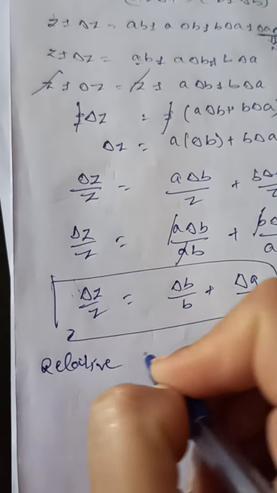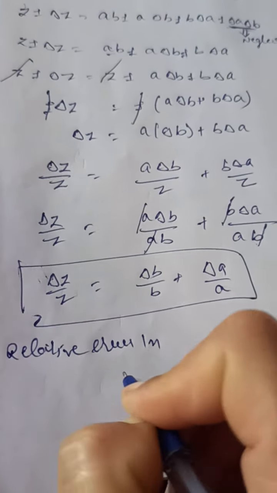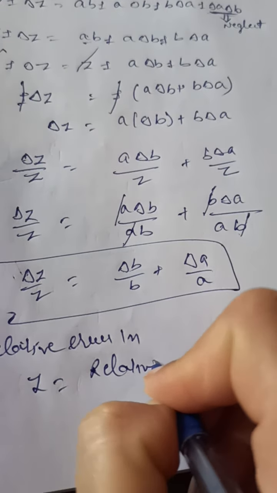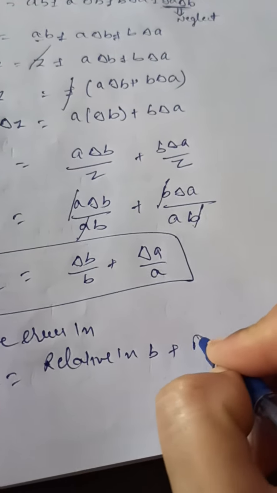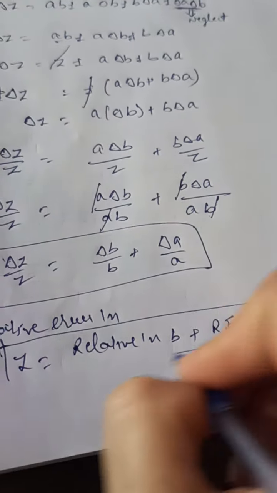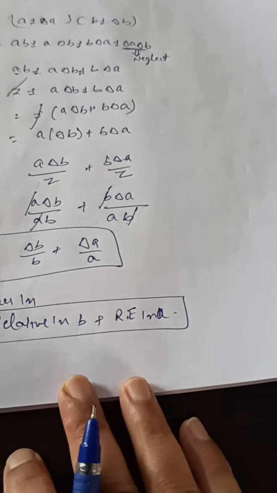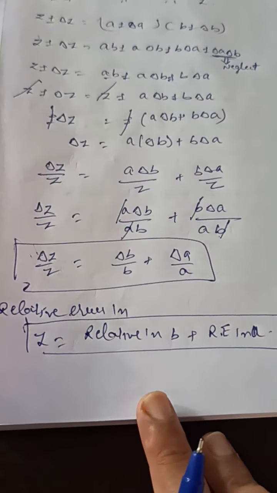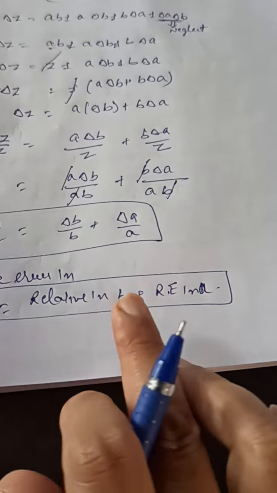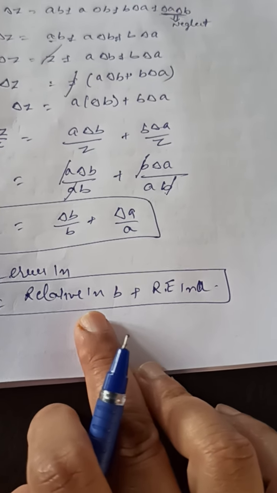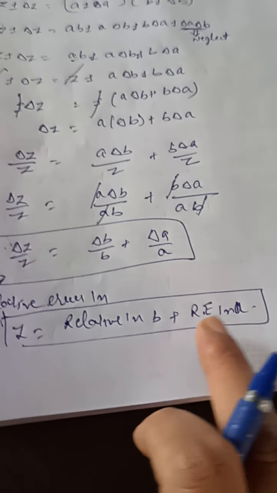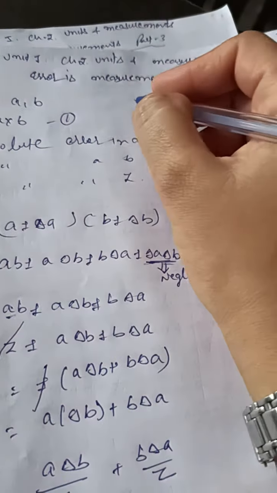Relative error in Z will be equal to the relative error in B plus the relative error in the measurement of A. Means whenever you multiply two terms, in the answer we will calculate the relative error, and relative error is equal to the relative error in one physical quantity plus the relative error in the second physical quantity.